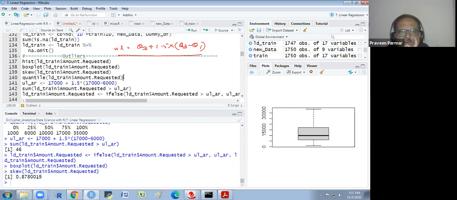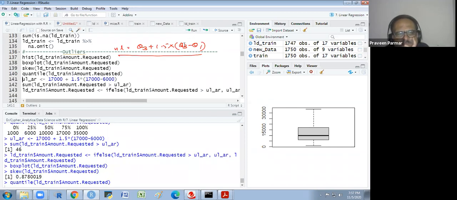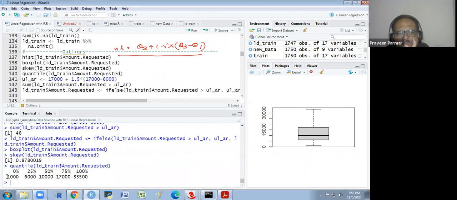And now we see the quantile. The mean will not change. The third quartile will not change. The first quartile will not change. But the maximum value will change. It was 35,000 at that moment.